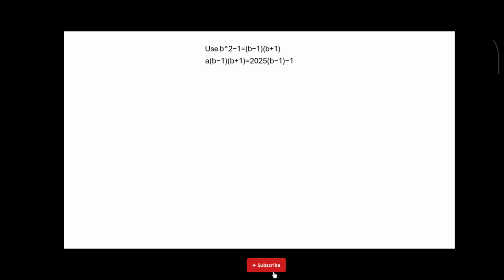So the equation becomes a times (b minus 1) times (b plus 1) equals 2025 times (b minus 1) minus 1. Now consider cases. If b equals 1, the original equations become a times b plus c equals 2025, a plus b times c equals 2026.